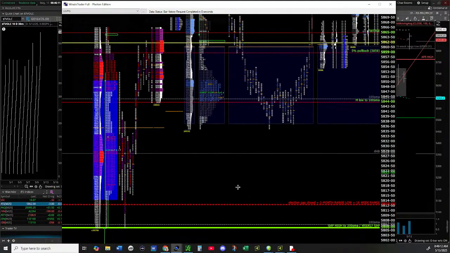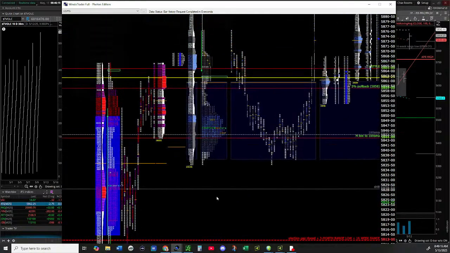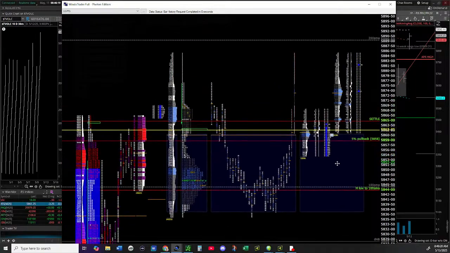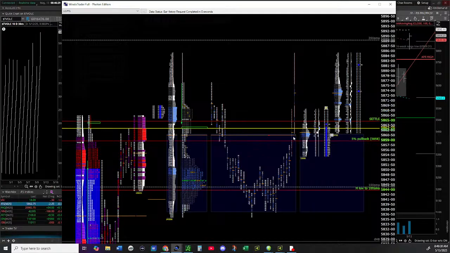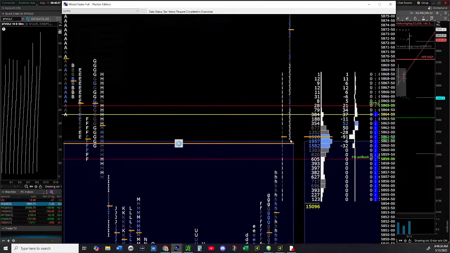The 13, the weekly gap below, and coming from the overnight trade, the upside spike. Now, notice what the market is doing now, where this spike came from. I don't know where it started, but notice where this low is.